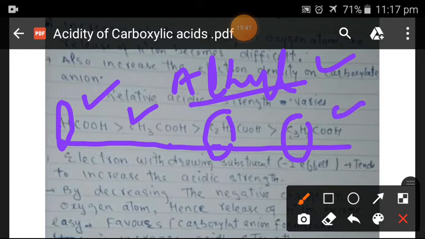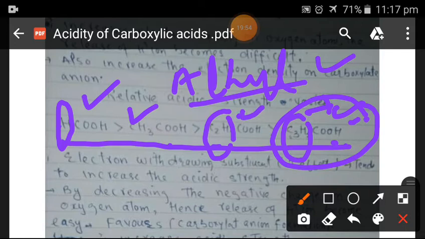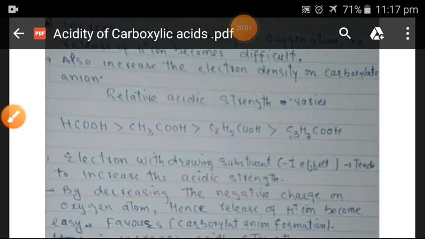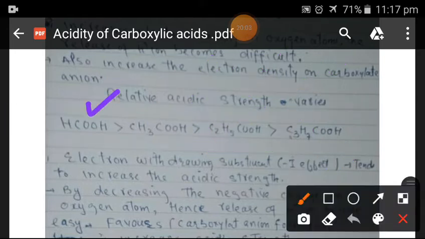As a result, this tends to accumulate more negative charge on the carboxylic acid as well as the carboxylate anion. So this will be less acidic as compared to this, and this will be less acidic as compared to acetic acid, which will be less acidic as compared to formic acid.